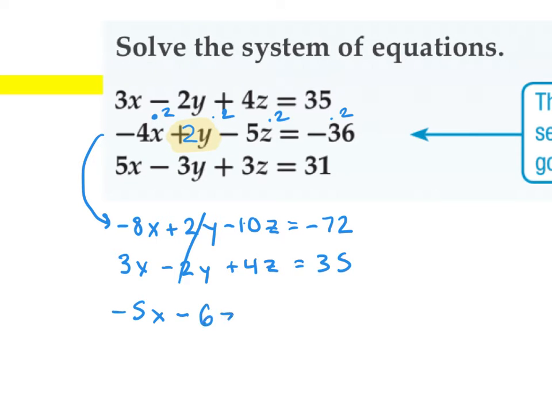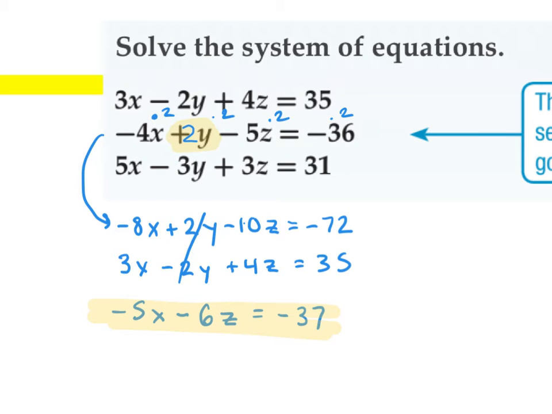Negative 6z. And then what is negative 72 plus 35? Negative 37. Okay, so we're just going to pause here, and we'll come back to this equation.